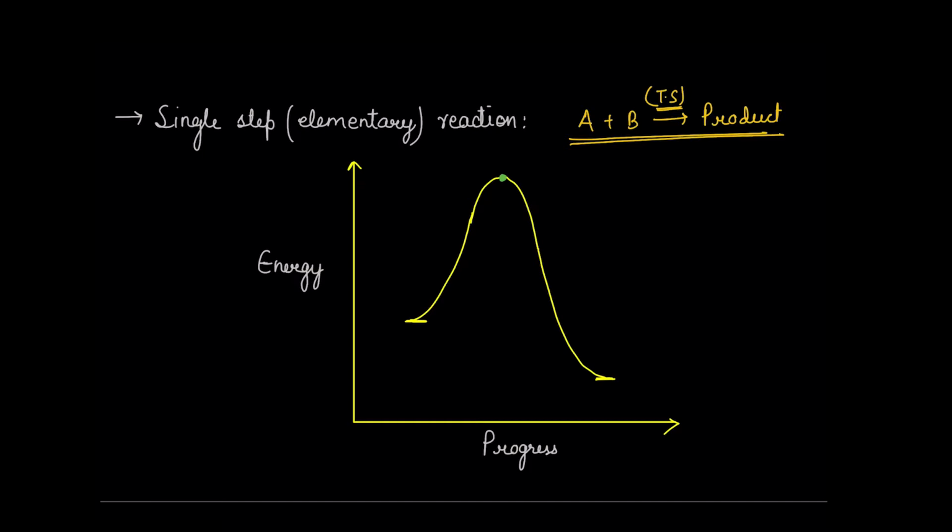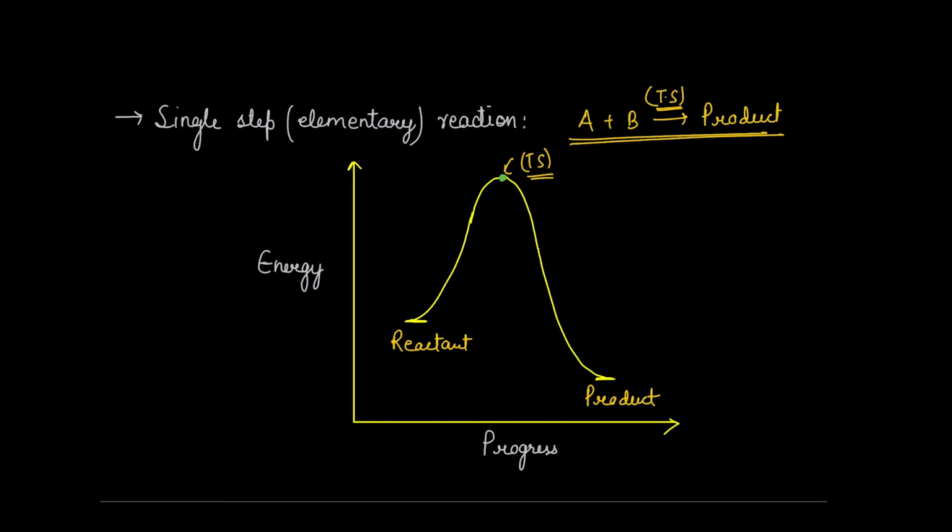Okay, if we look at this energy profile diagram, we can say this is our reactant, this is product, and what we find over here is a transition state. We do not find any intermediate in an elementary reaction.